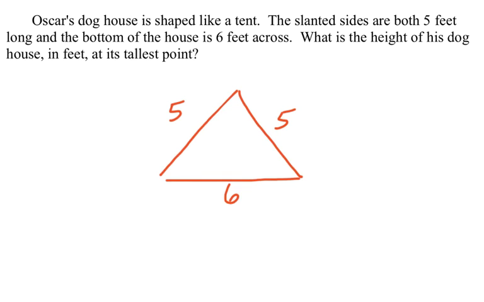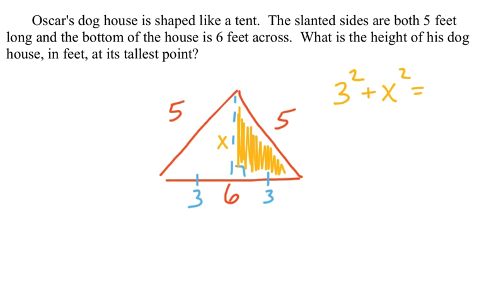Well, an isosceles triangle, if you are to draw the height, it cuts that in half, making a right triangle. So what we're missing is the height, and we have a right triangle, with one leg that is 3, so 3 squared, plus another leg that is missing, x squared, is equal to 5 squared, which is the hypotenuse of that right triangle that's shaded in.